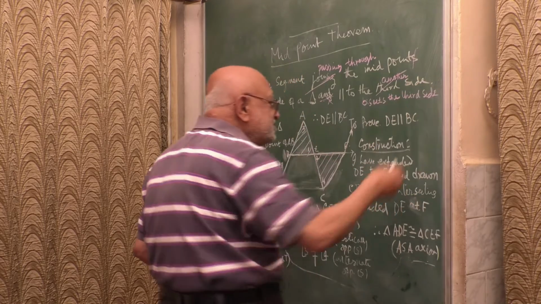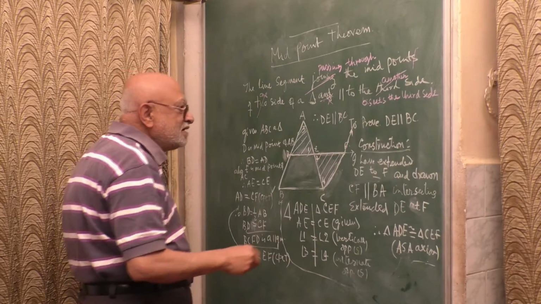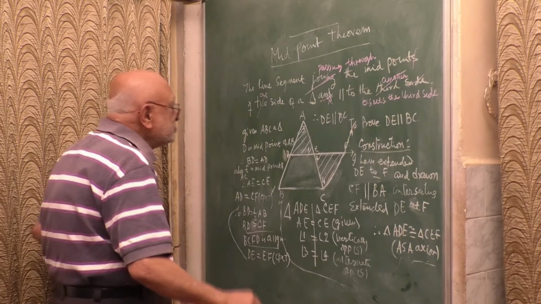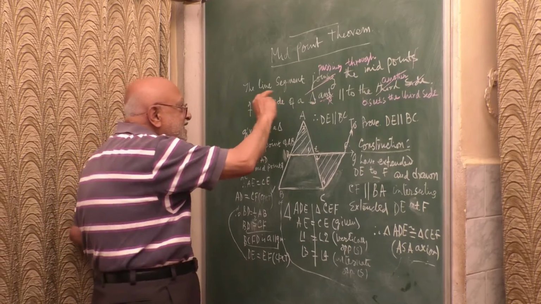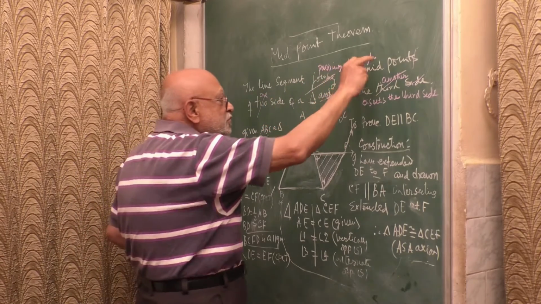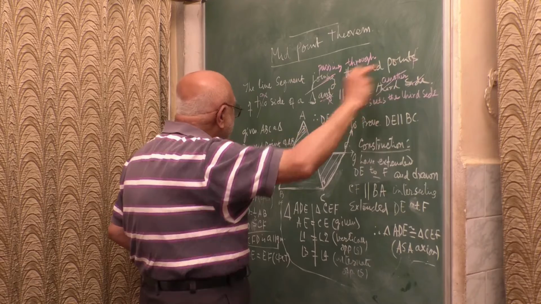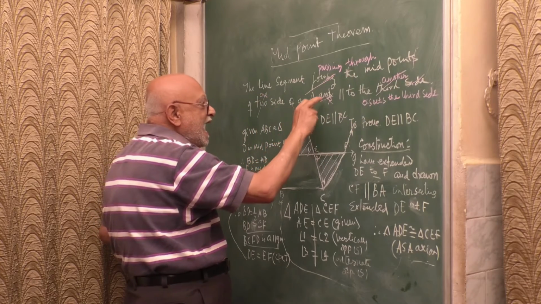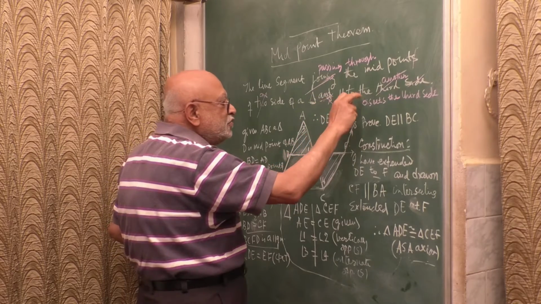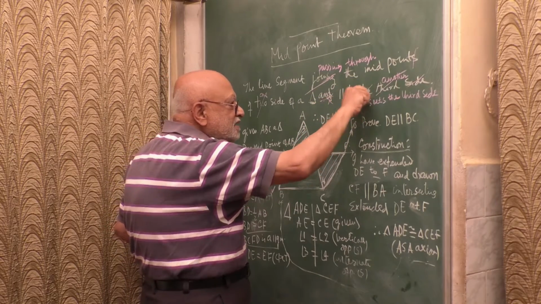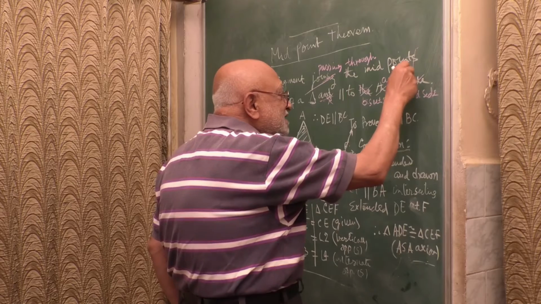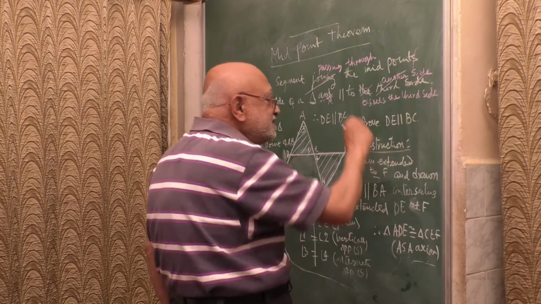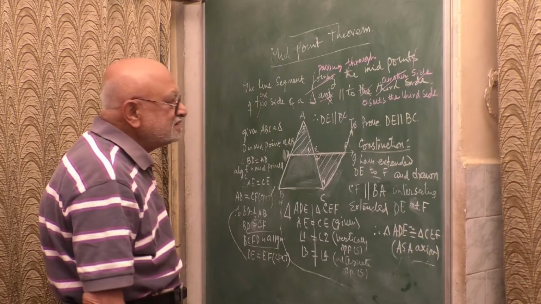So now the difference, you see, the side was there, we should cut it. So it says the line segment passing through the midpoint of one side of a triangle and parallel to another side bisects the third side.